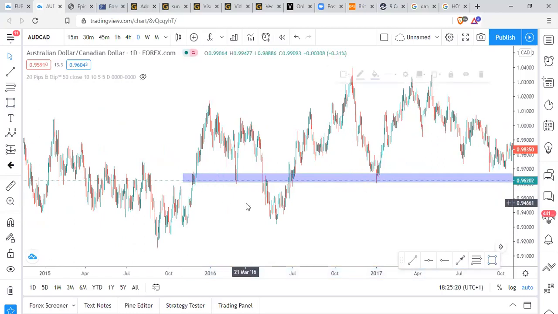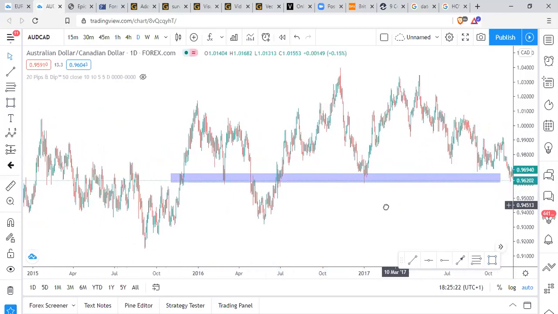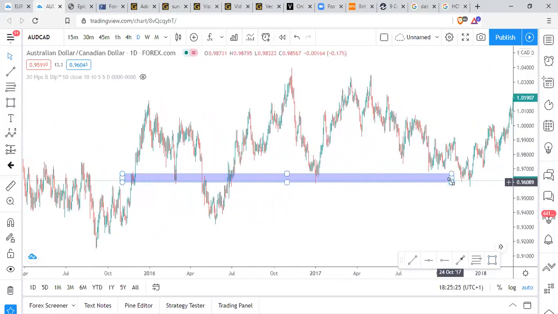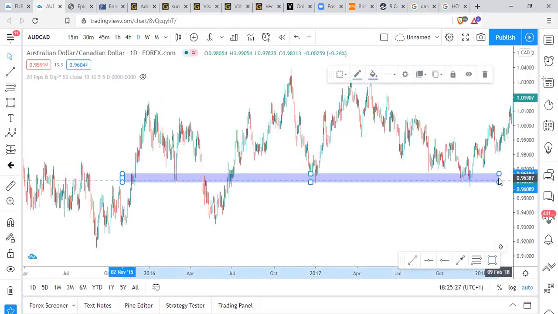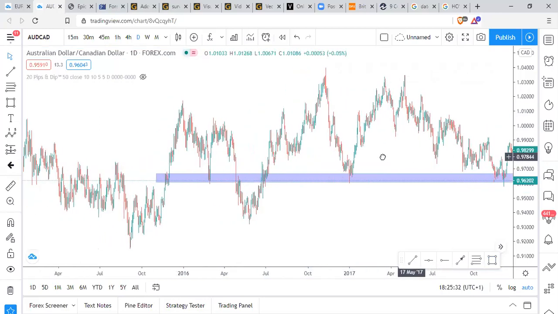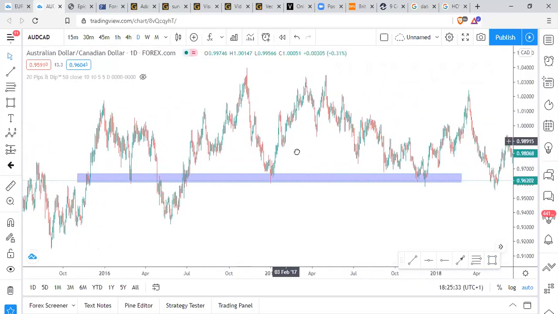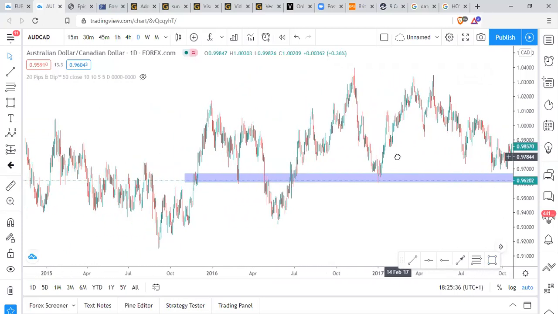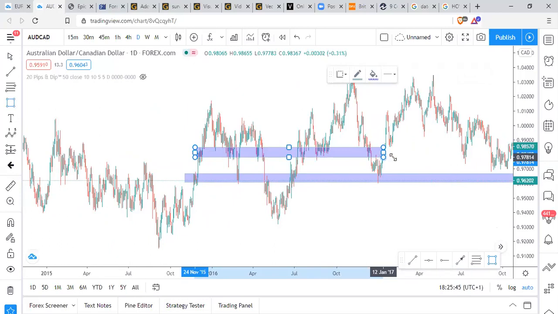Let's imagine price has not gotten to this area yet. I'll identify here first, then I'll identify this area second.